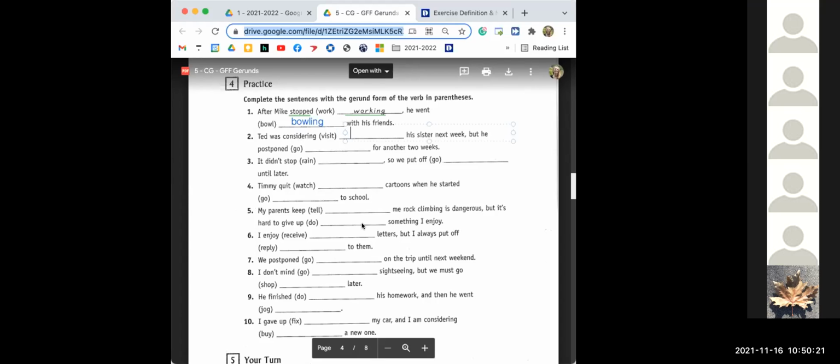So we have the verb was considering, and the main verb here is the verb consider. And after the verb consider, we want to use the ing. We want to use the gerund. Ted was considering visiting his sister next week.